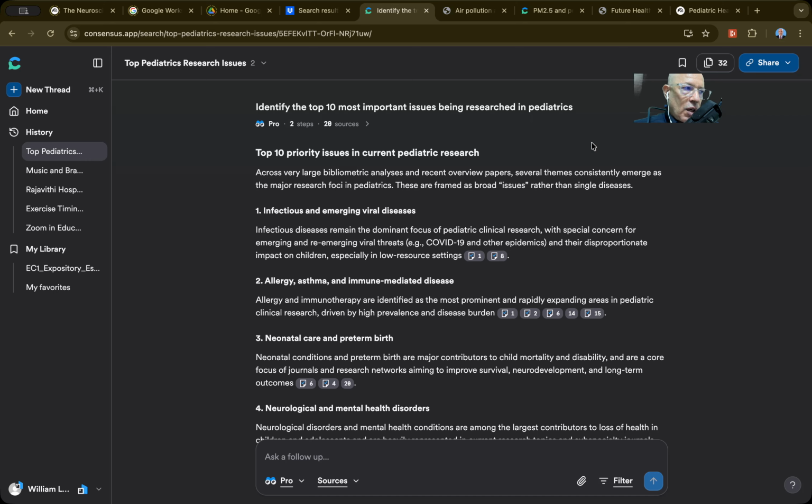So it's an AI tool that is focused on academic research and papers, and it will not give you other types of sources. It's all focused on journals and research. Extremely useful for medicine. My prompt: identify the top 10 most important issues being researched in pediatrics.